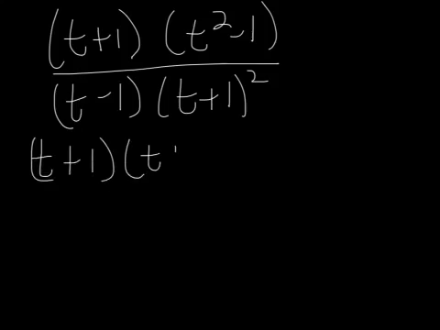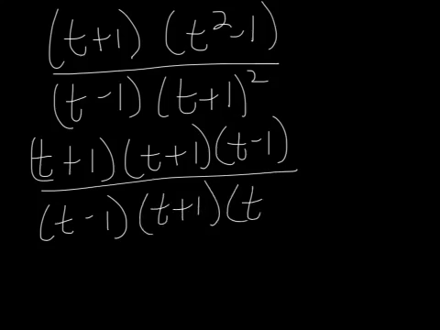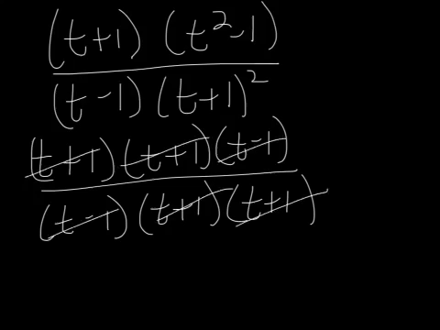The top, you have the difference of 2 squares. Remember, t plus 1 all squared means t plus 1 times t plus 1. Wow. Cancel, cancel, cancel, cancel, cancel. And if everything cancels out, then our answer is 1.